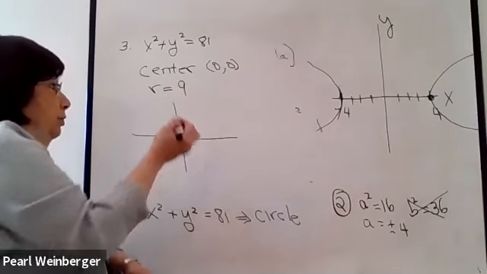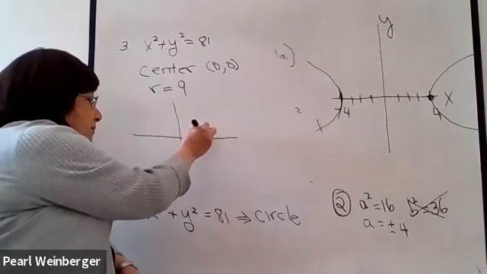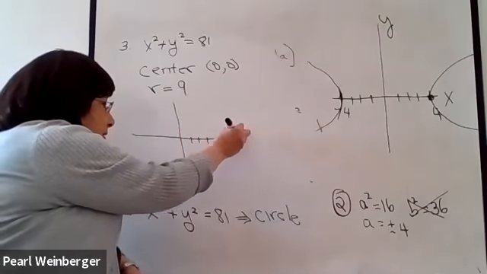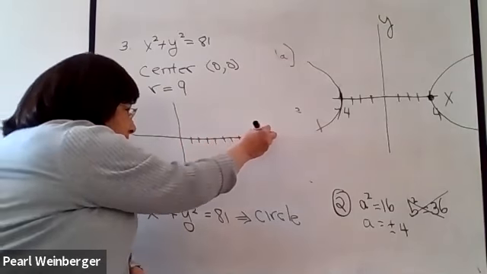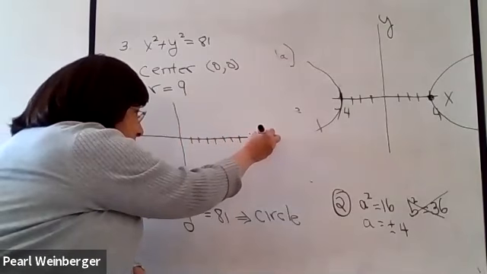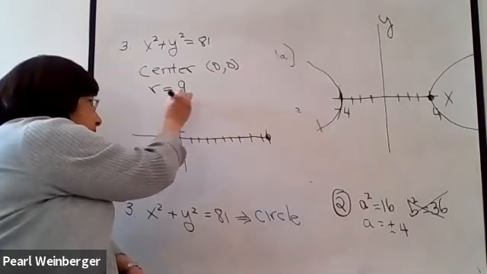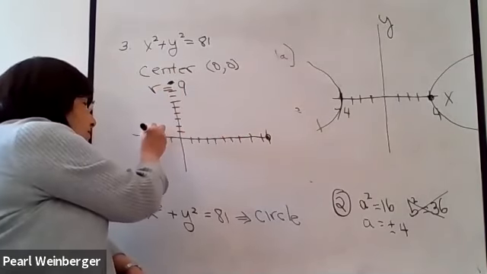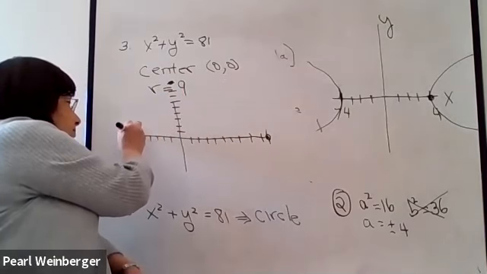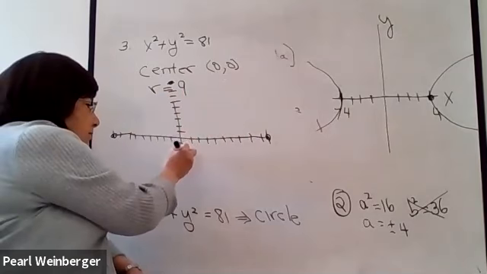So when you want to draw this, you just have to go 9 in every direction. 9 to the right, 1, 2, 3, 4, 5, 6, 7, 8, 9, 9 up, 9 to the left, and 9 down.